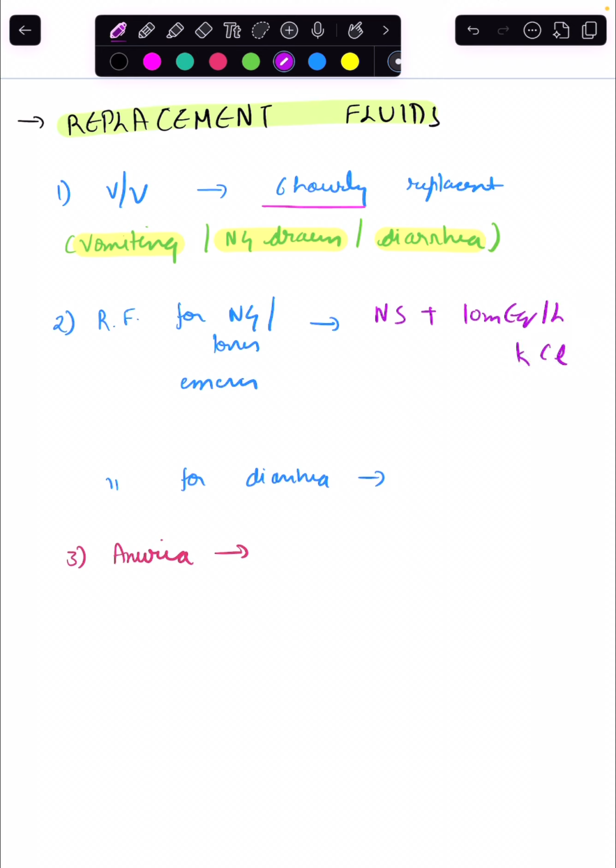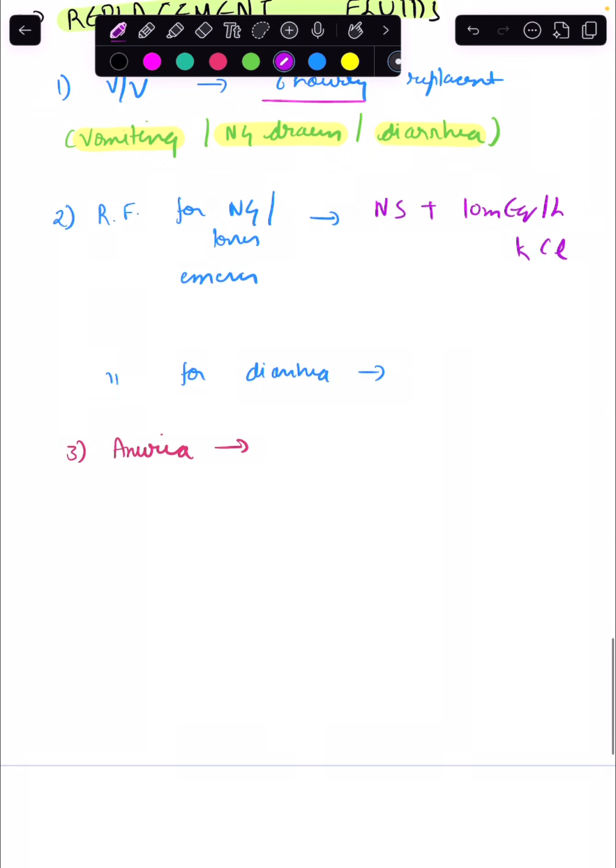And in cases of diarrhea, as diarrheal stool contains large amount of bicarbonate as well, we prefer D5 half NS plus 30 milliequivalent of sodium bicarbonate plus 20 milliequivalent of KCl.